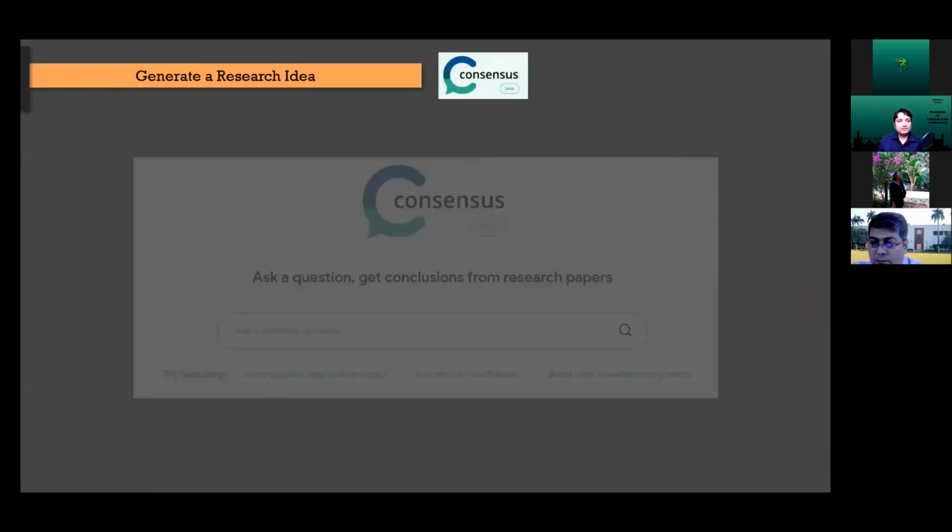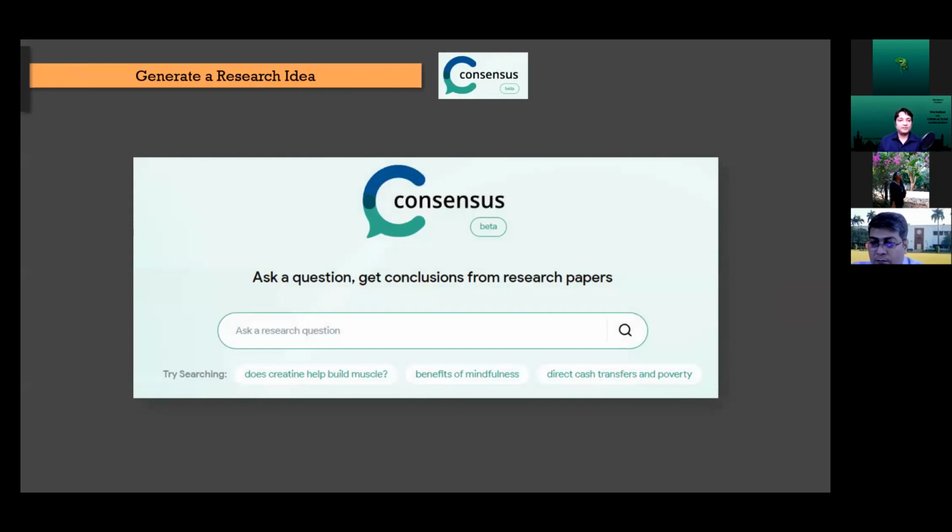Next tool for us is how to generate a research idea. And if you have different kinds of tools, this one comes right at the top. This is called Consensus. People on the internet and internet forums are saying that ChatGPT and Google marry, so their child will be Consensus.